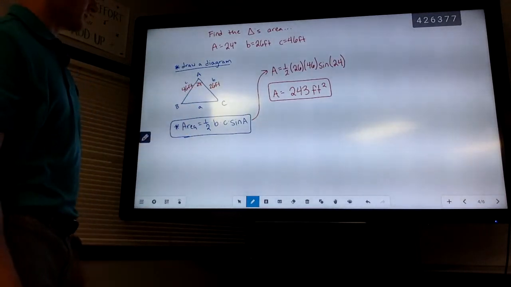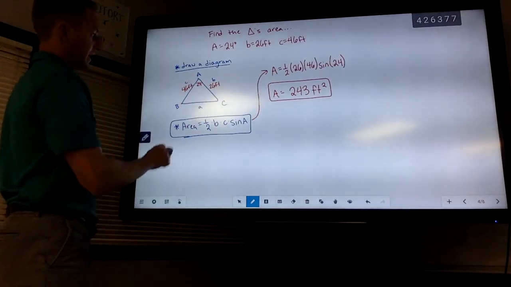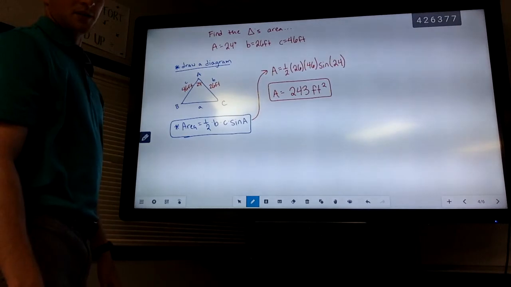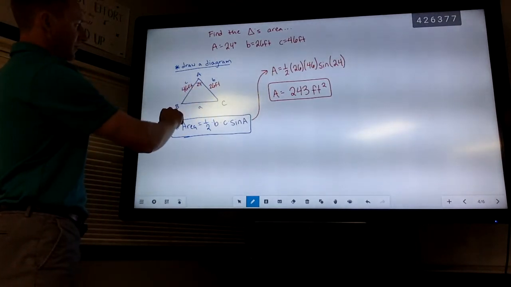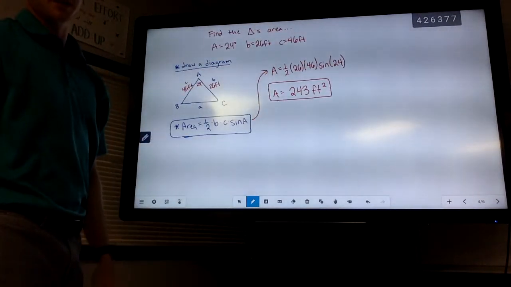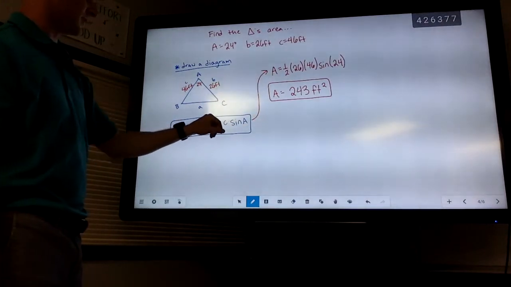Again, I would start with drawing a diagram just so you can see it. Capital letters represent the angles, lowercase letters represent the sides. So in our example, we have side C would be 46, B would be 26, angle A is 24, just like they told us in the givens. We're just going to plug those values in for these variables.